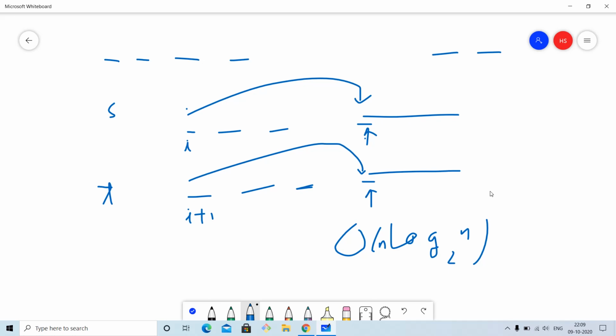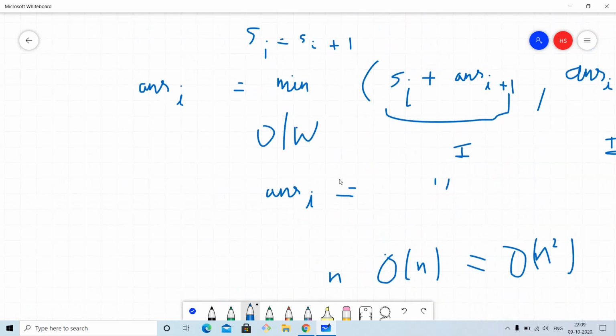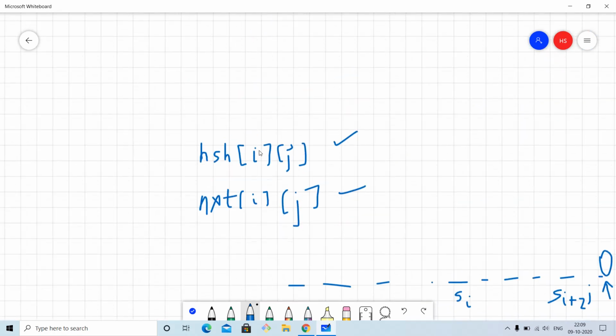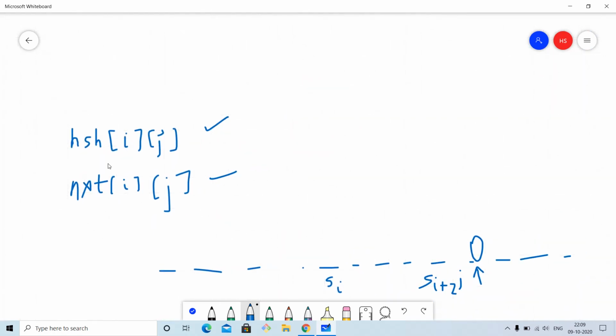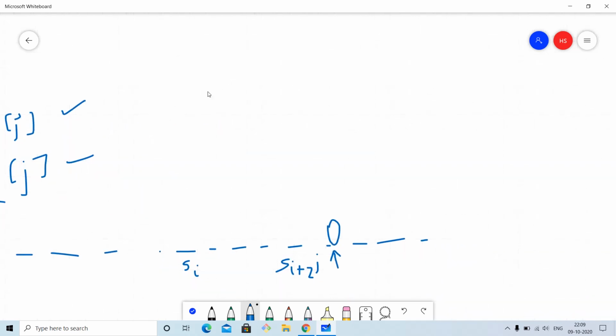So now we are going to discuss how we compute the hash and next in our string. Let us assume that we are at an arbitrary index i, and the value at this index will be say ai.